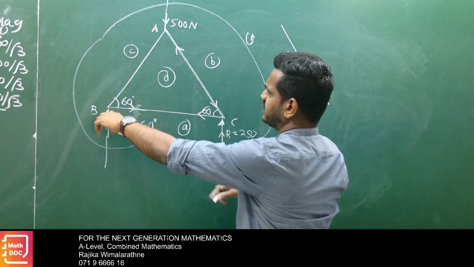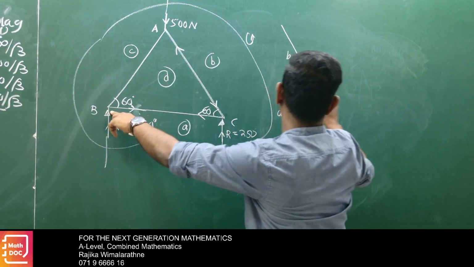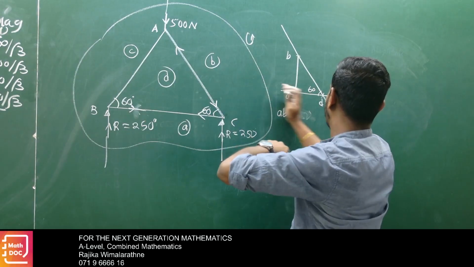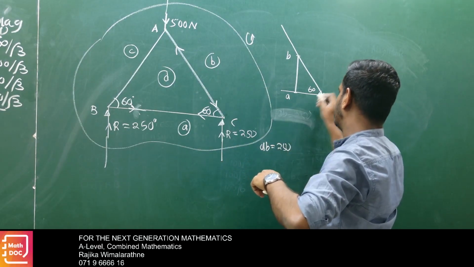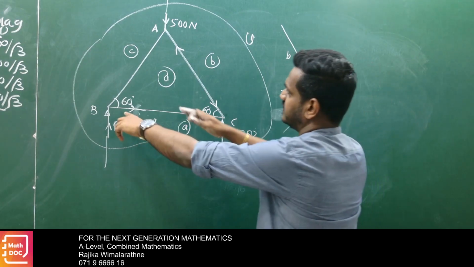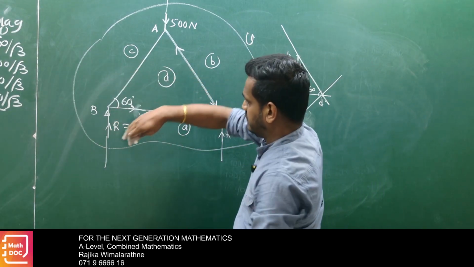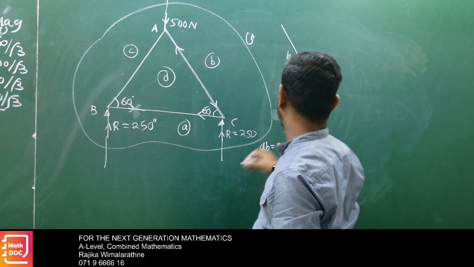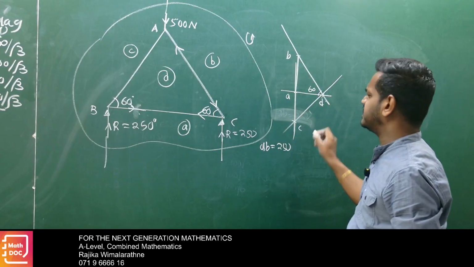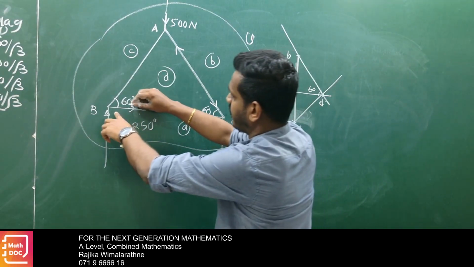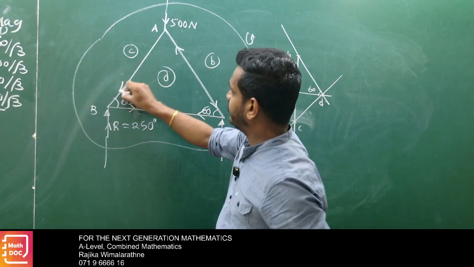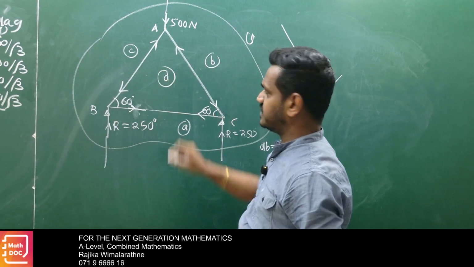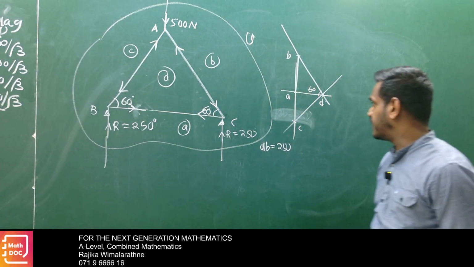Then go to this vertex, DC, 60 inclination, here CA 250. Then DC here this way, truss tension, okay.